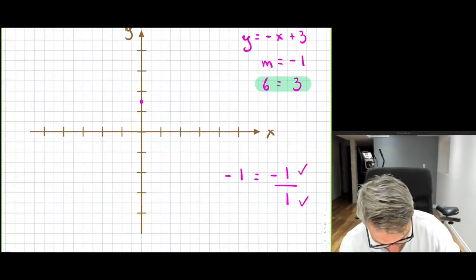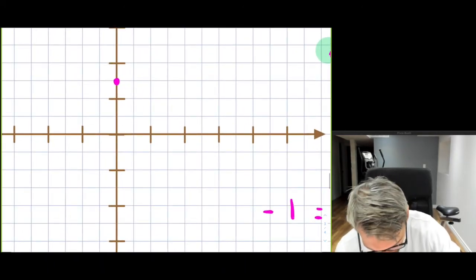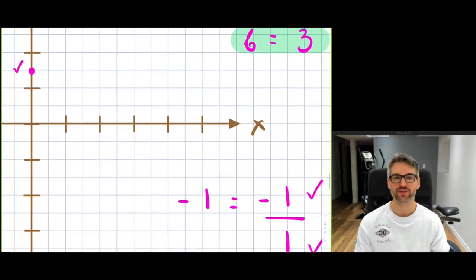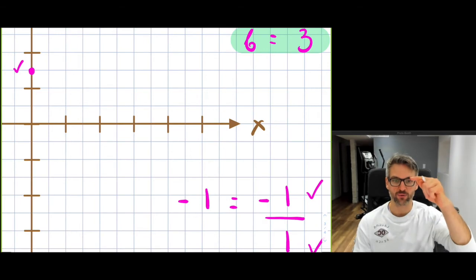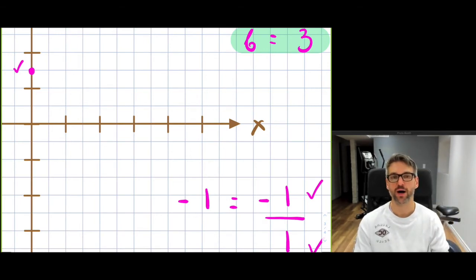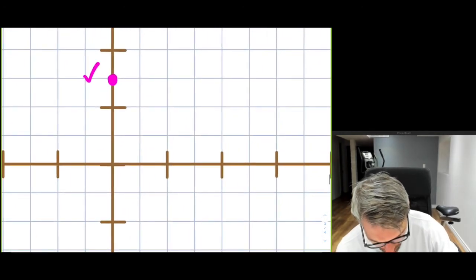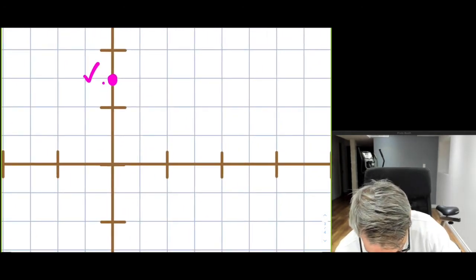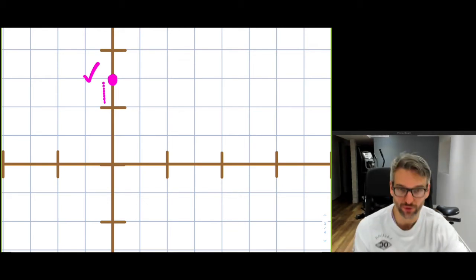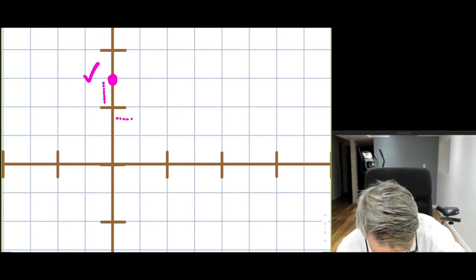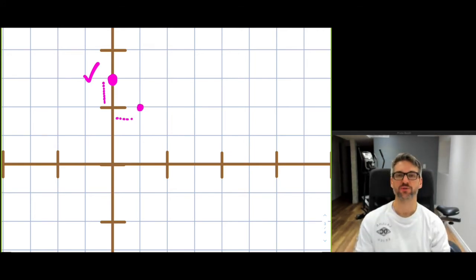I start from my intercept and use the slope: the rise of -1 means coming down 1, and then the run of 1, which is positive. So this comes down right here, and that is your second point.